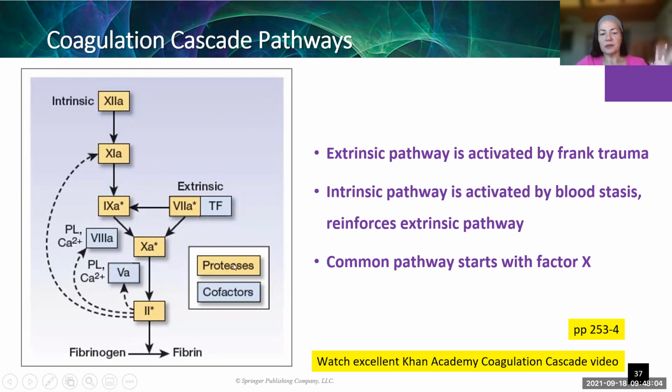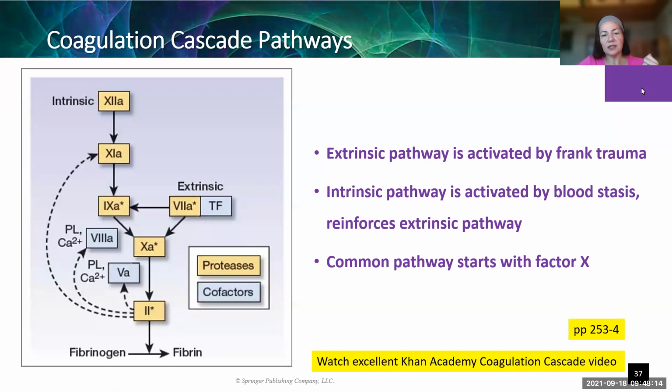Don't worry about the yellow and blue for right now. What I want you to see is extrinsic pathways activated by frank trauma, meaning breaking open some blood vessels. That's on this side, the extrinsic pathway, and that activates here.